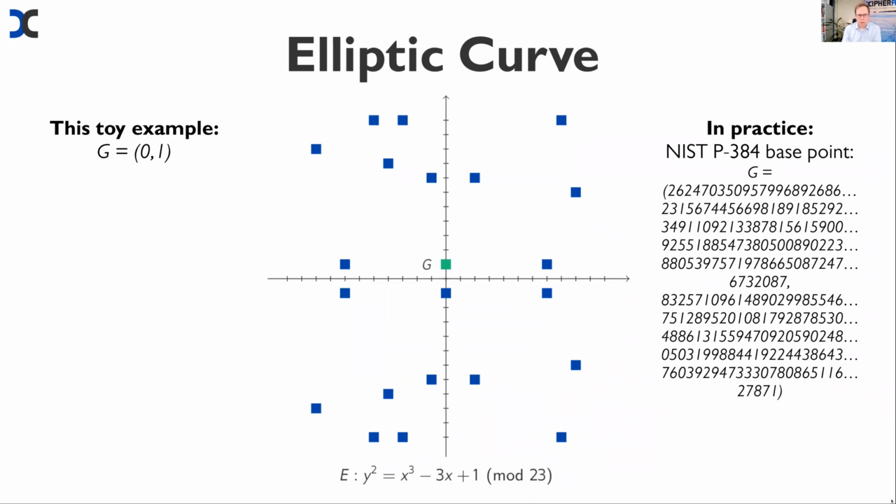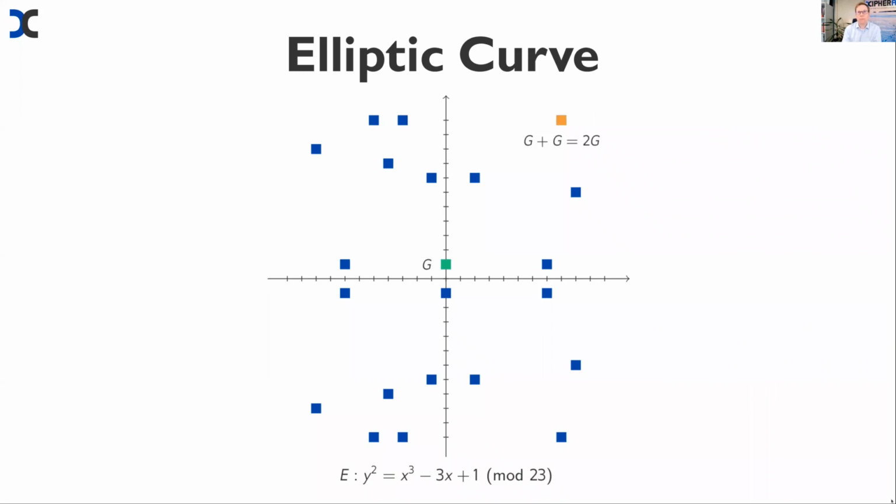And now when we start adding G, so first compute G plus G, we get another point using similar formulas to those used in the example for the elliptic curve over reals, but of course here we don't have that nice geometric interpretation, but the logic is similar. So now if we compute G plus G, we end up in the right-hand corner and get 2G.